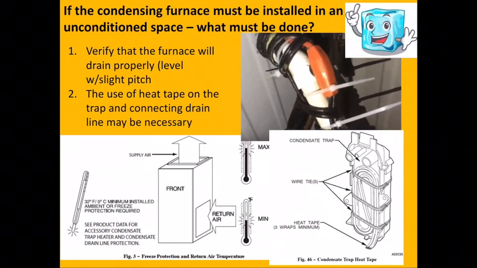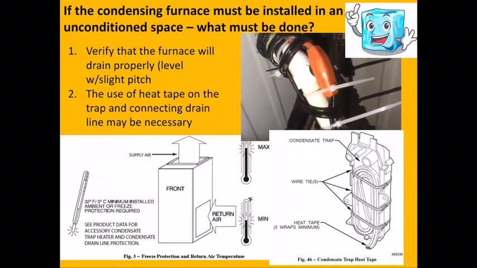And of course, if the condensing furnace is going to be installed in an unconditioned space, what do you have to do? There are times where you may have to do that. The first thing I would do is absolutely verify that furnace is going to drain properly. Make sure that it's either level or has a slight pitch to the front or to where it's draining condensate.